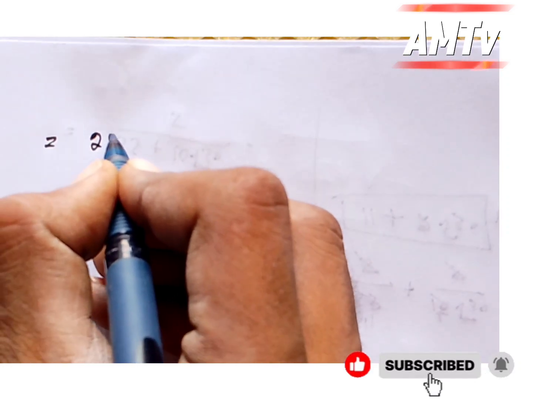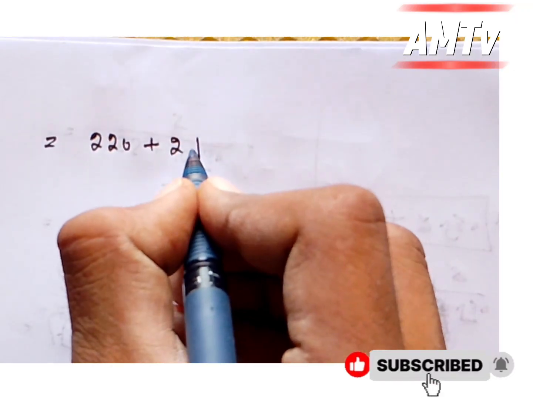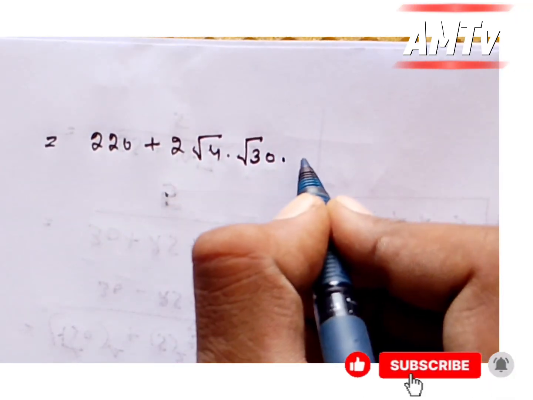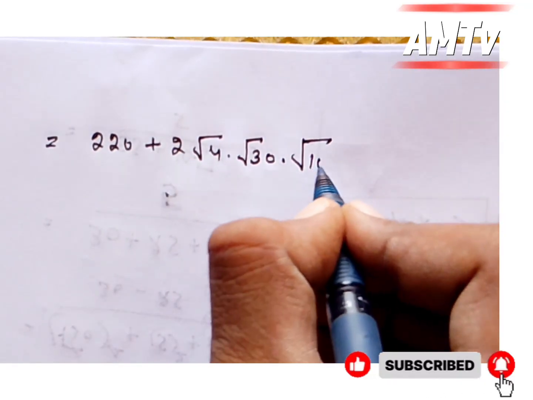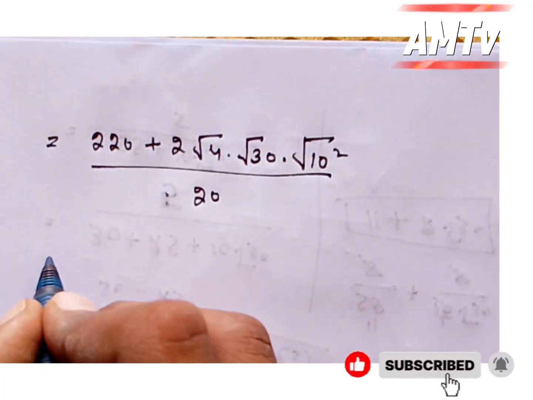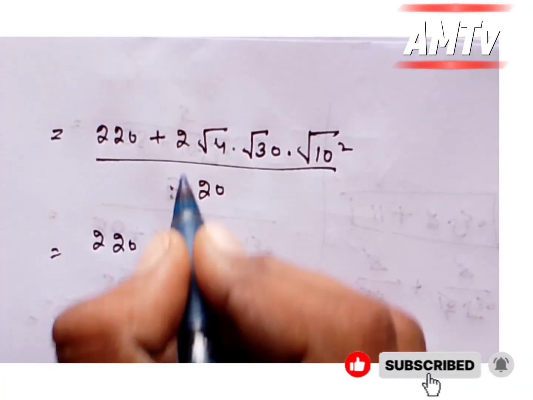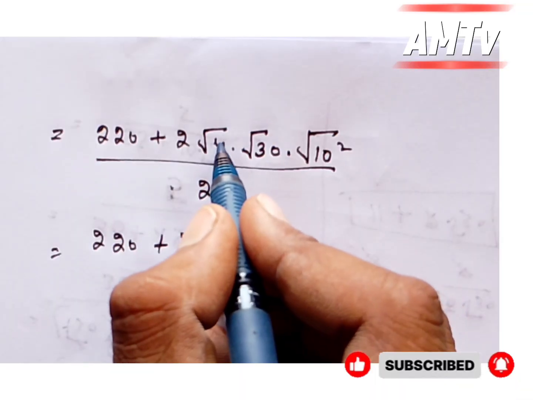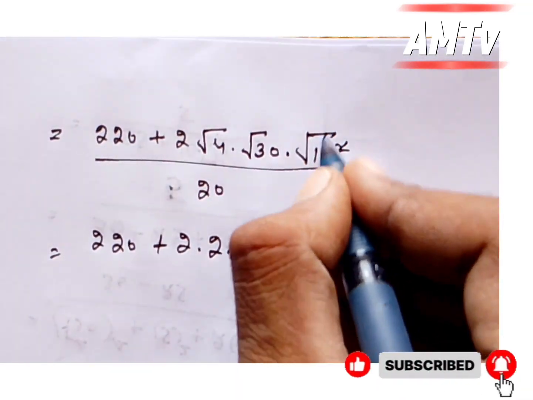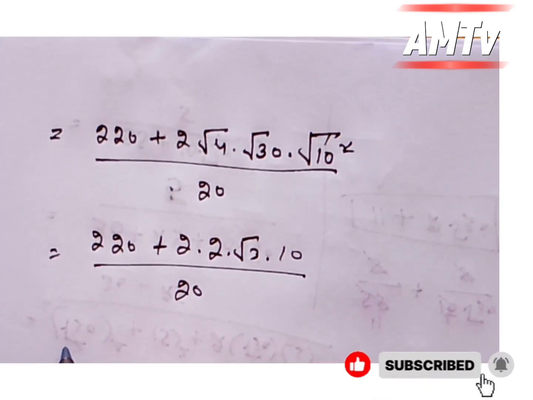Here 220 plus 2 into root 4 into root 30 into 10, divided by 20. 220 plus 2, square and root cancel, so 2 root 30 into 10 divided by 20.